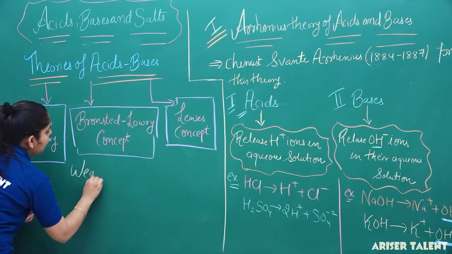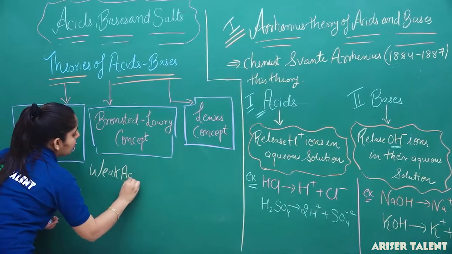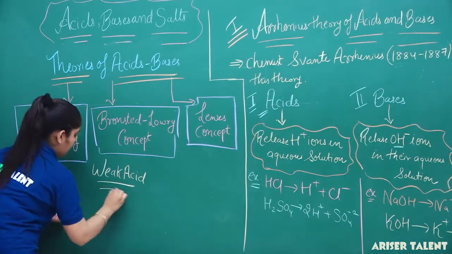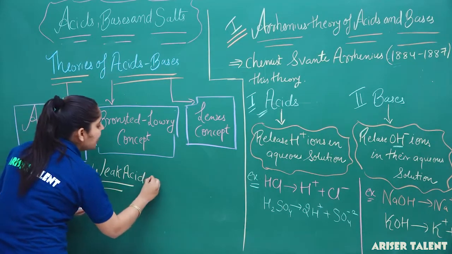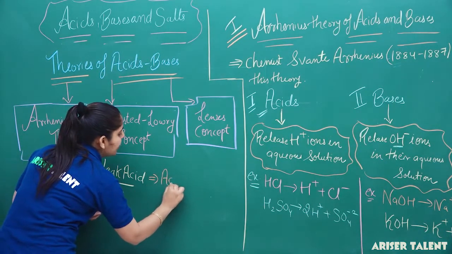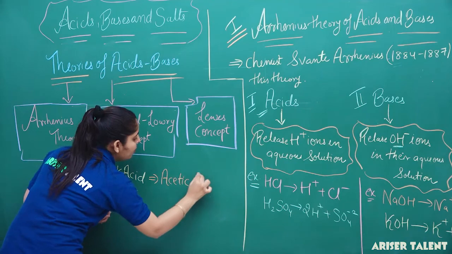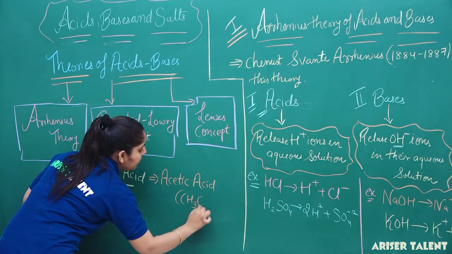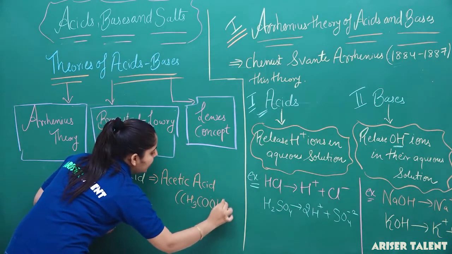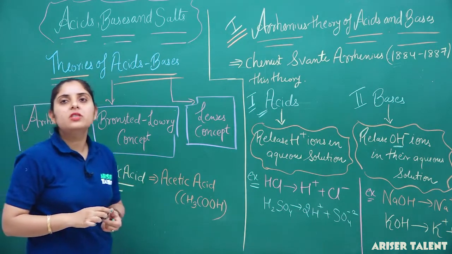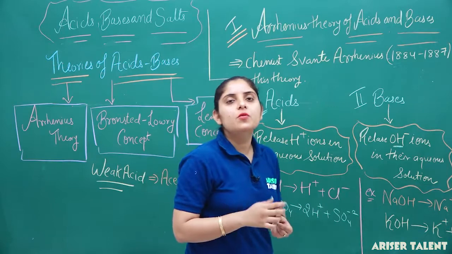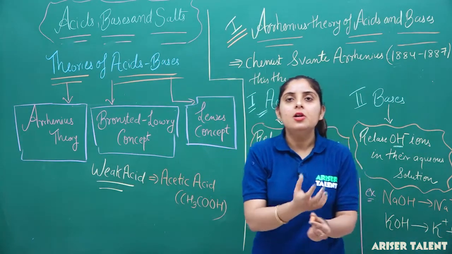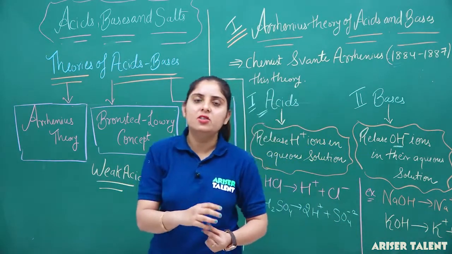If I consider a weak acid, the example will be acetic acid, and the formula for acetic acid is CH3COOH. This will not dissociate completely into ions in the solution, so we can say that it will either not dissociate or partially dissociate.